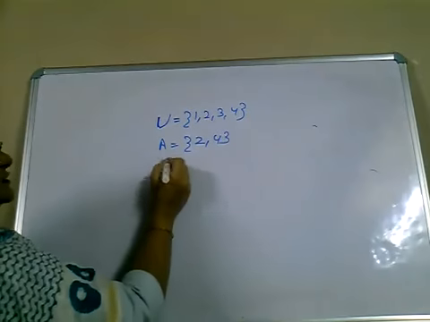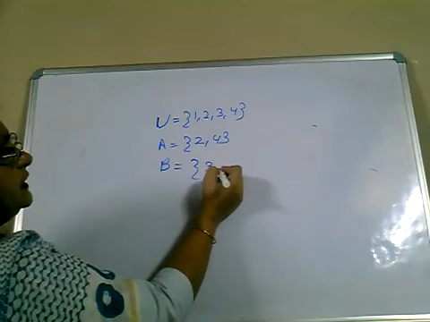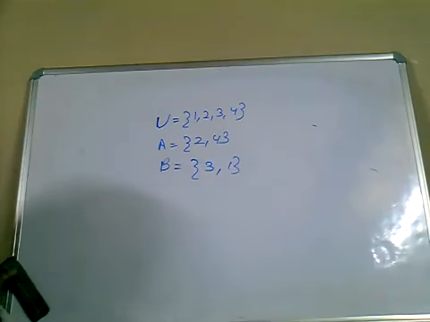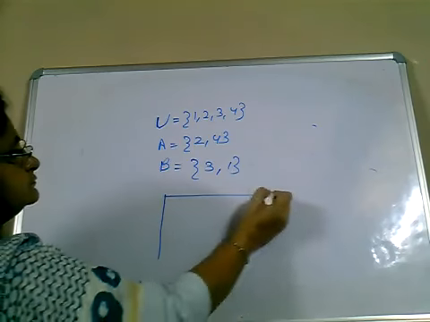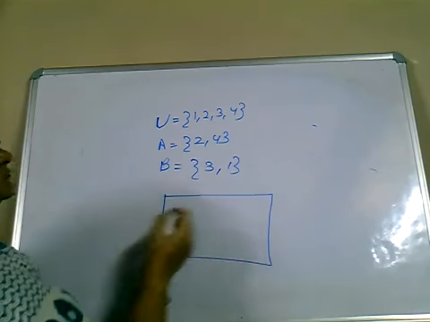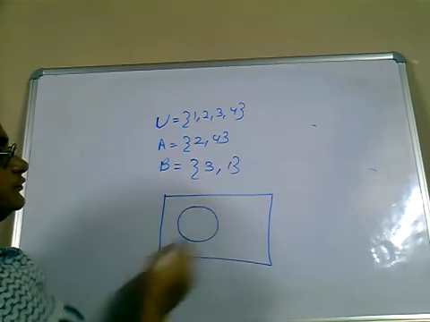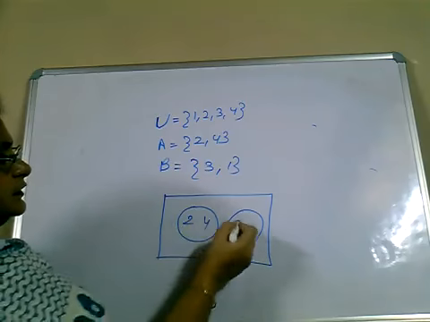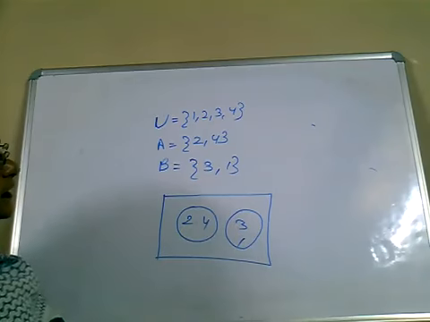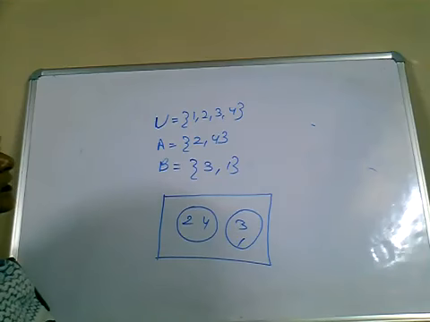If we have set B is 3, 1. Now this is the universal set. Set A is 2, 4, B is 3, 1. So 2, 4, 3, 1, and nothing is common.